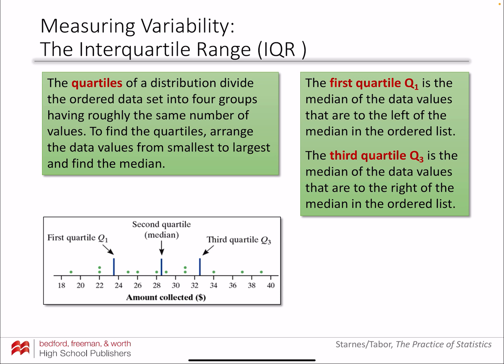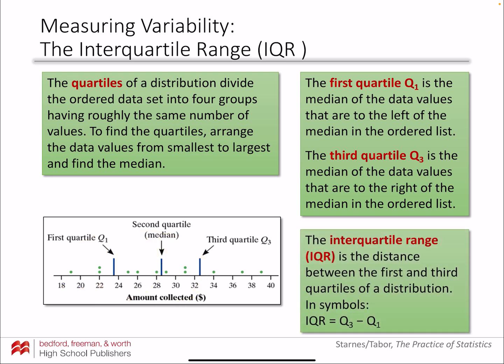The first quartile is bigger than 25% of the data, so that's the first 25. The median is bigger than 50% of the data. The third quartile is bigger than 75% of the data. But that's what quartiles are. They chop it up into 4 buckets.